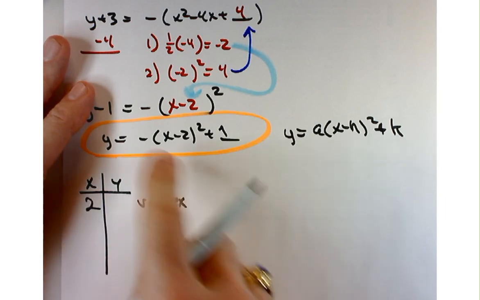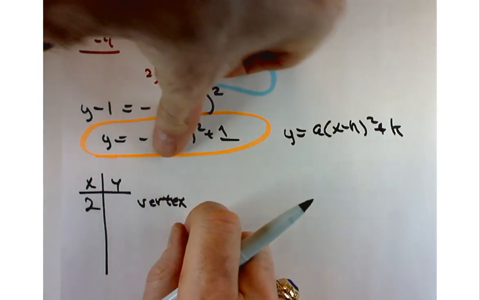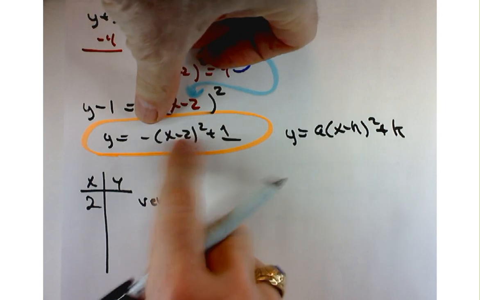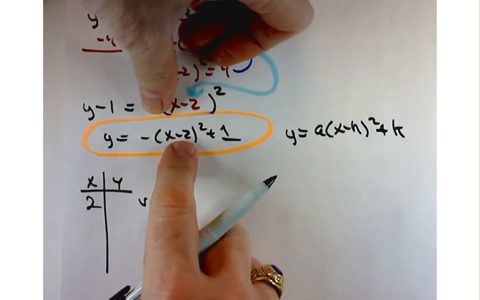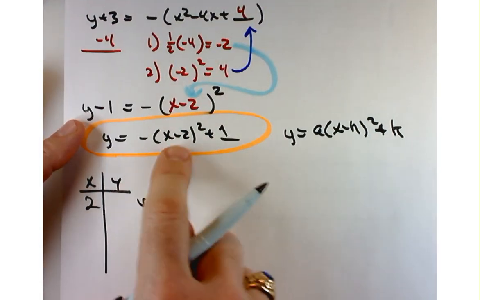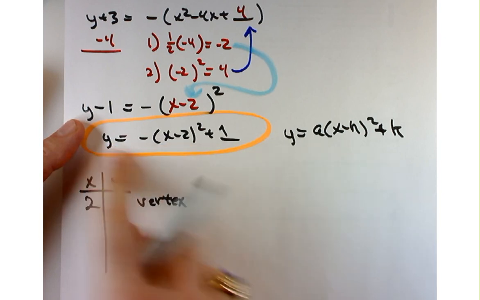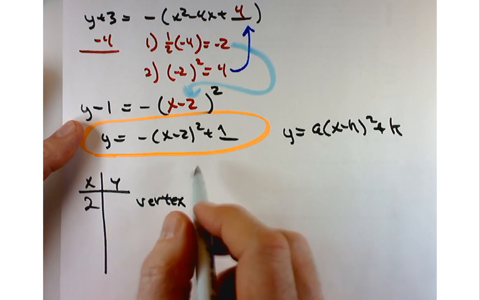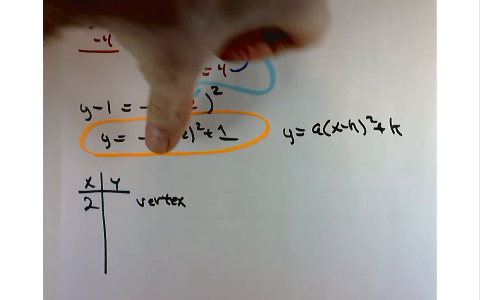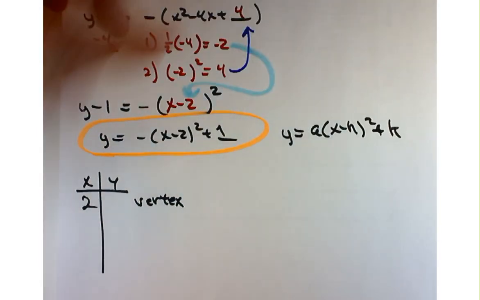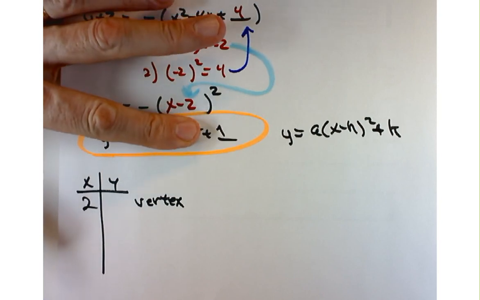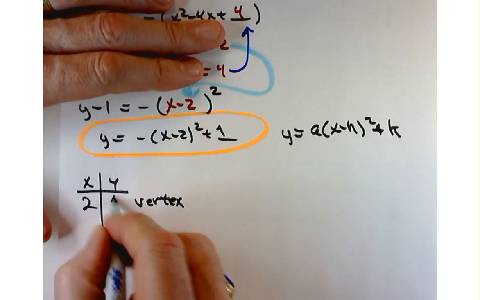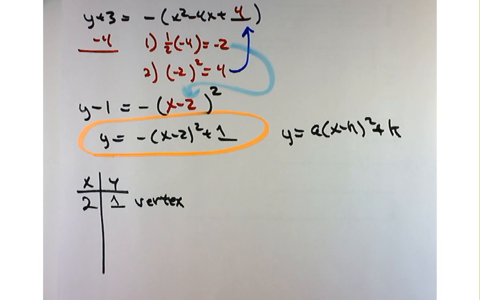Now if I put in a 2 here, this whole term disappears because I get 0 and 0 squared is still 0, minus 0 is still 0. What do I get for y when I put in x equal 2? If that all disappeared, what would be left for y? 1. So there's your vertex. Done.